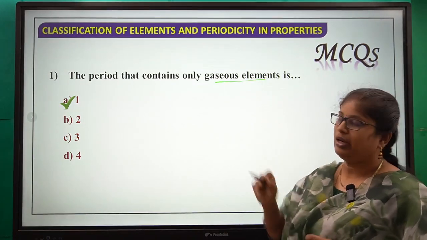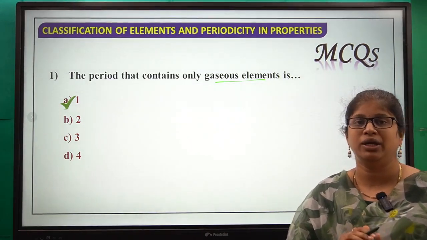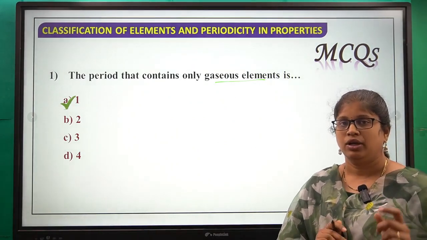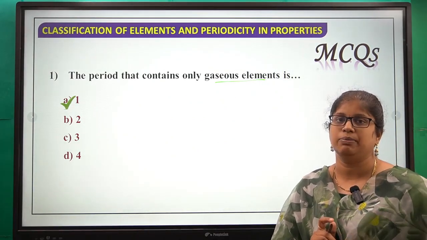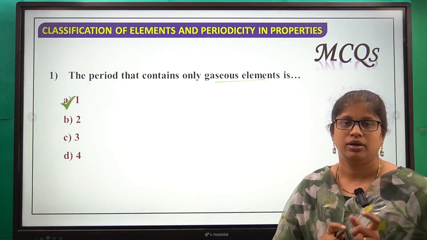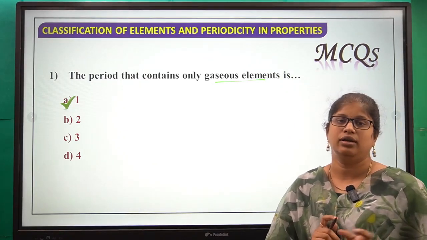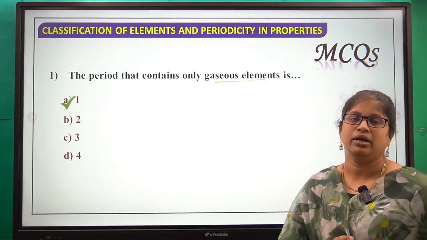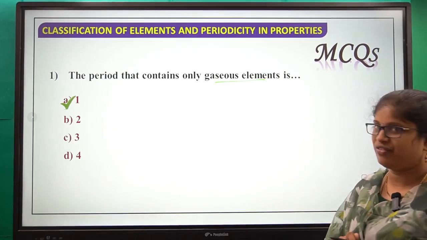If we look at the periodic table, how many periods are there? 7 periods. In those 7 periods, second period to seventh period contain all types of elements like solid, metal, liquid and gases. But only one period contains only gases, that is the first period.